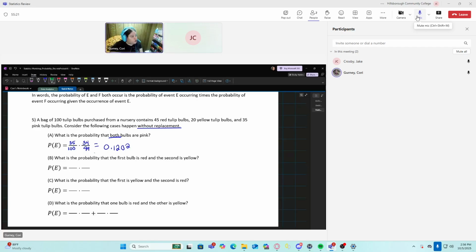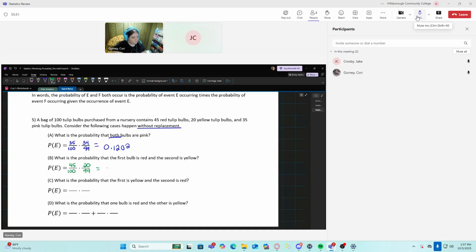With this one, the first one is red, so 45, and the second one is yellow, and that's going to be 20. These ones are not changing, but we start with 100 and then we come down to 99. So we have to know the specific order in which we're taking them out.